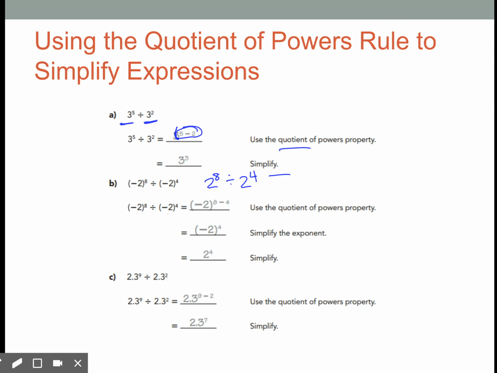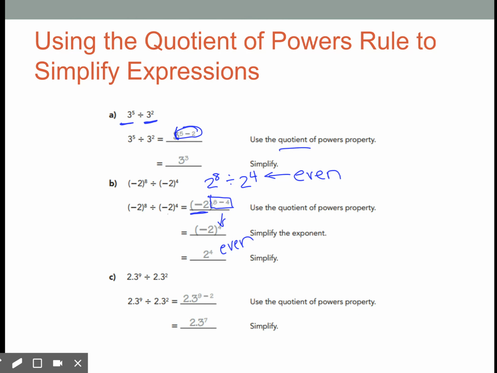Again, that only becomes a positive 2 because those are both even exponents. But if you didn't want to, you can do it as they did it and keep it a negative 2 and use the quotient of powers rule to subtract the exponents. 8 minus 4 is 4. And again, because we wind up with that even exponent, they simplify that negative 2 into a positive.